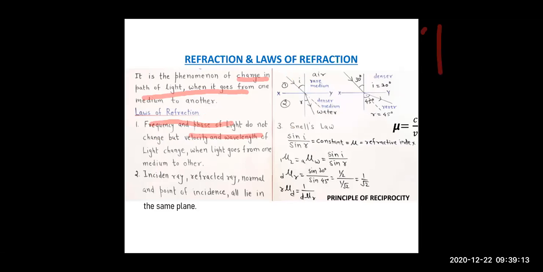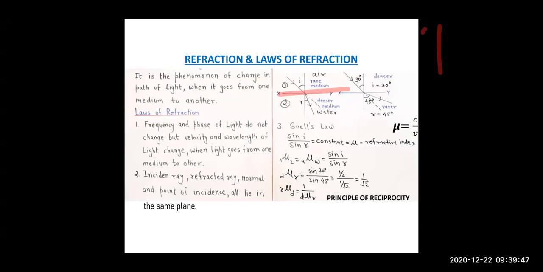Okay, second point, the incident ray, refracted ray and normal at the point of incidence all lie in the same plane, right? The third point is Snell's law, which says that the ratio of sin i upon sin r for a given pair of media. Given pair of media means here it is air and water. So this is one pair, air and water.